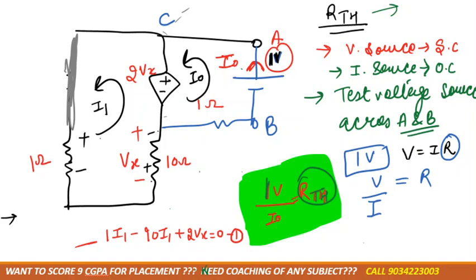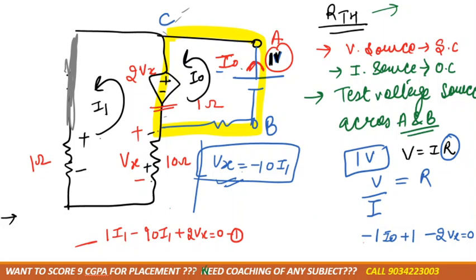Second and third, the second equation is, it's a voltage source, not a current source. So you can simply apply mesh analysis for this one also. So that would be minus 1 I naught plus 1 and then minus 2 Vx is equal to 0, right?